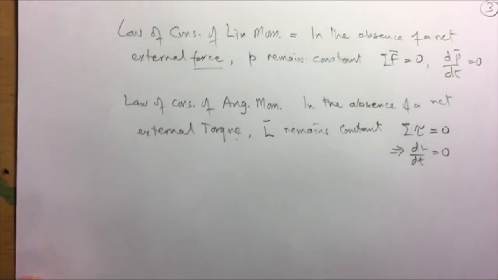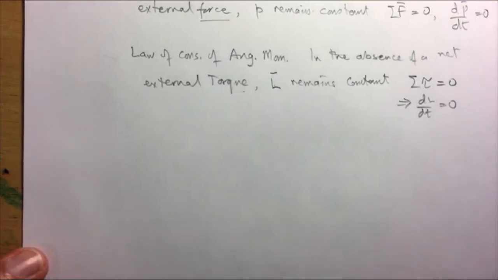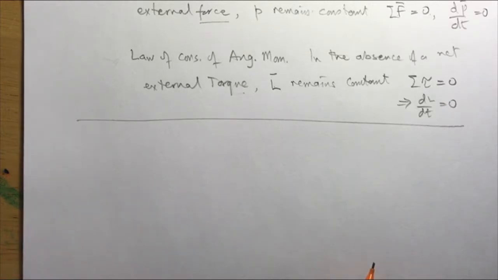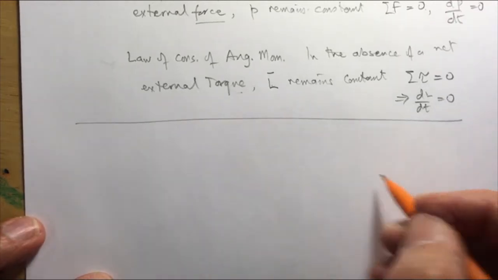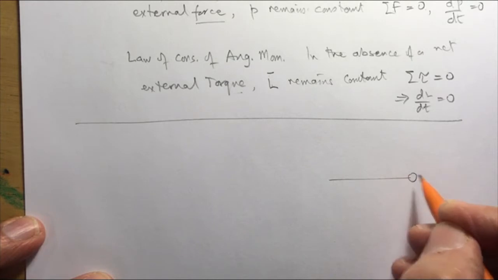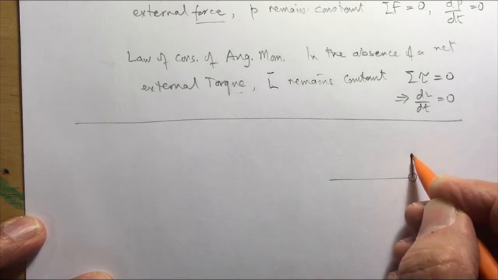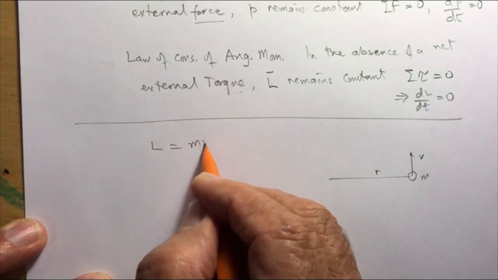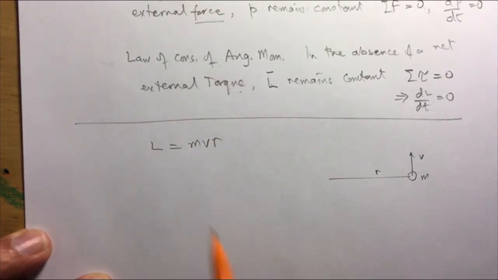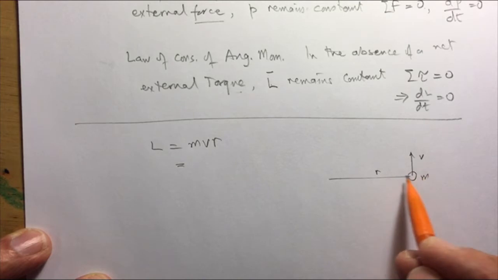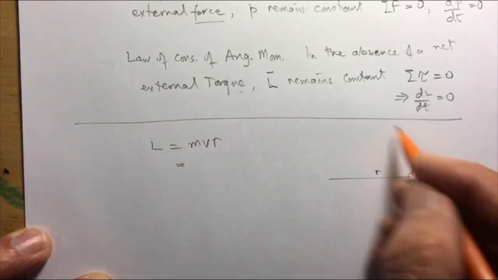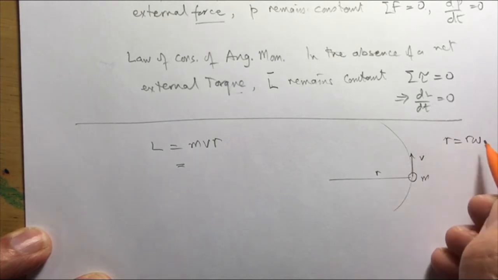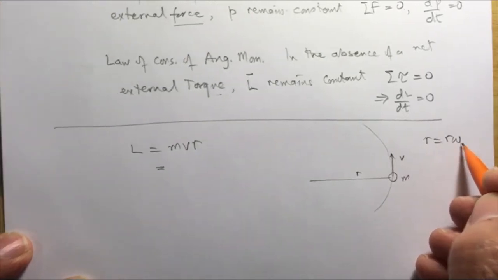Now, let's go back to the angular momentum of this mass m, with the speed v at distance r, and we found that L was mvr. Now we rewrite this, knowing that as it's going around in a circle, v equals r omega, where omega is the angular velocity.